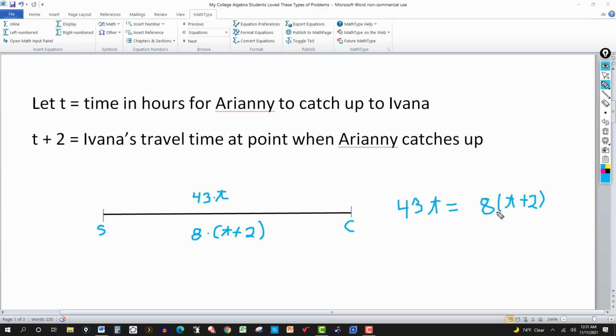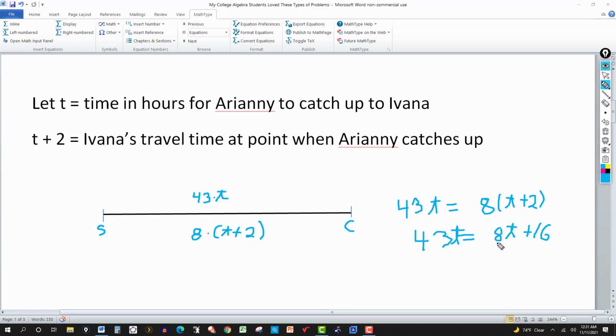So basically then I just solve this equation for t. So this is going to be 43. Multiply here by 8. That'll be 8t. 8 times 2 is 16. This is 43t here.